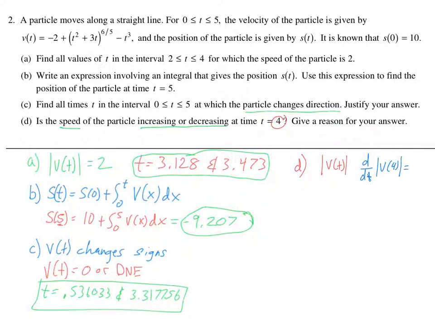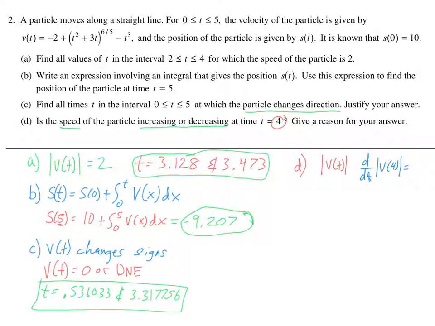So we look at what would happen here. If you were to graph the speed function, the absolute value of g of t, and at 4 found the slope of it there, can you just look at it and see if it's up or down? Isn't it saying the slope at 4?